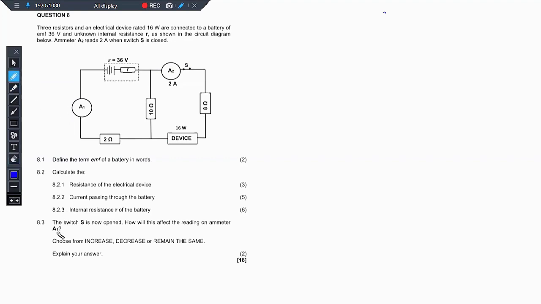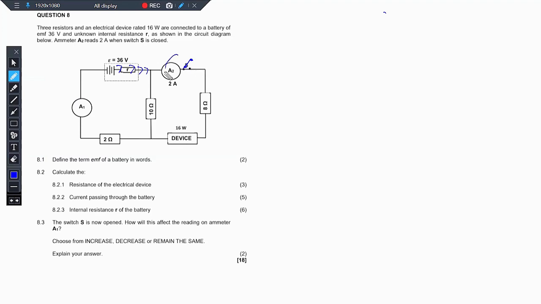Right. Okay, so 8.3 says the switch S is now opened. How will this affect the reading on ammeter A1? So now they're opening the switch here. Remember, opening the switch means the current will not flow in that part of the circuit. So this is our current flowing, but because the switch is opened here, there will be no continuation of the current.